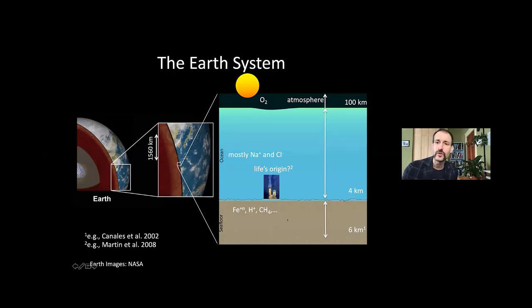Okay, so the hydrothermal systems, it's worth emphasizing, often support organisms that subsist solely on chemical energy from Earth's interior.